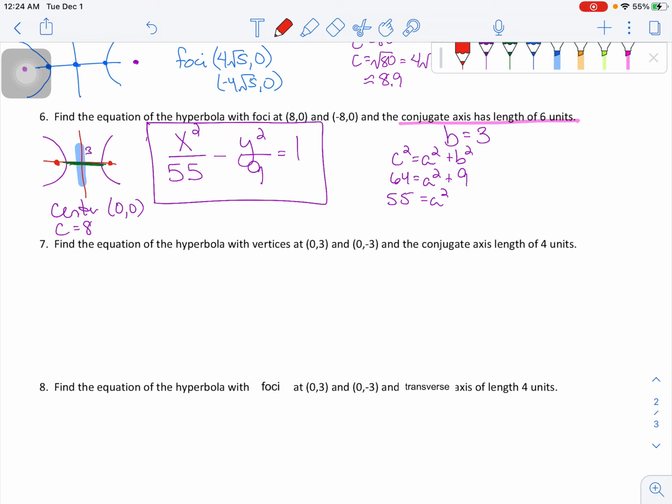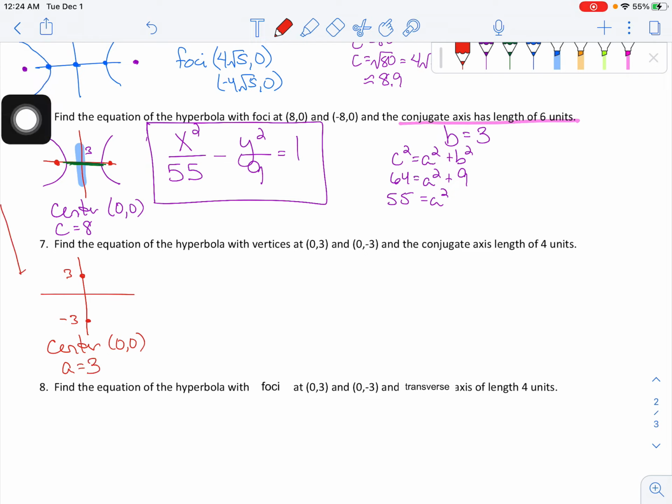Okay, problem number 7. Find the equation of the hyperbola with vertices. All right, so let's go ahead and mark those. 0, 3, and 0, negative 3. Okay, so a couple things I know. I know my center is going to be 0, 0. I know that's for the vertices, so my A value is going to be 3.